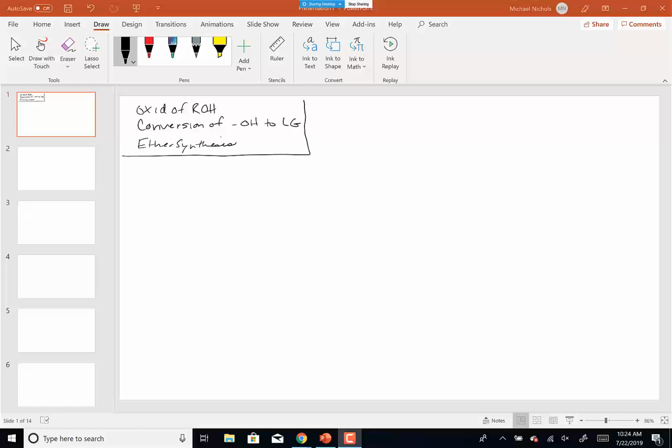Okay, so one of the things that we left off last week was the oxidation of alcohols. Top Hat doesn't show all the reagents of alcohols. Particularly, we're going to break these down into two classes.